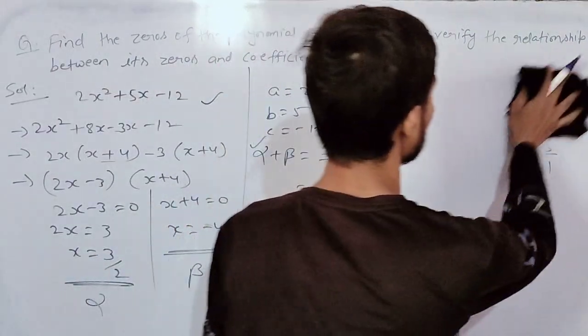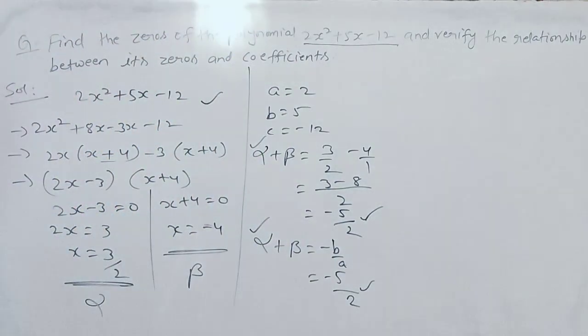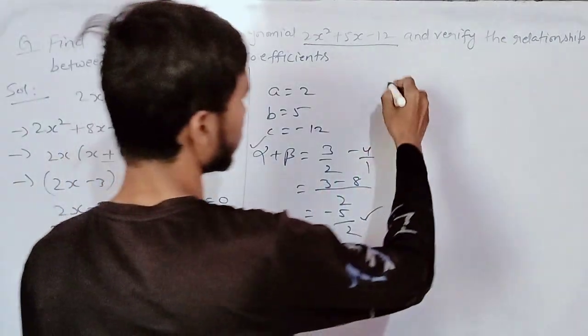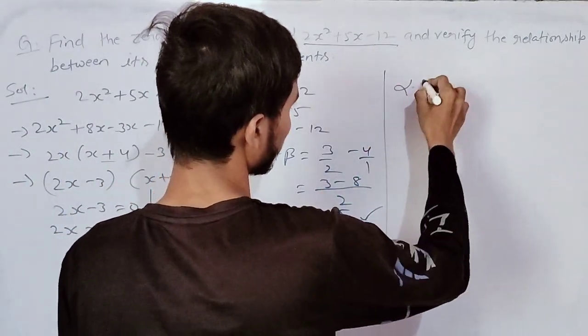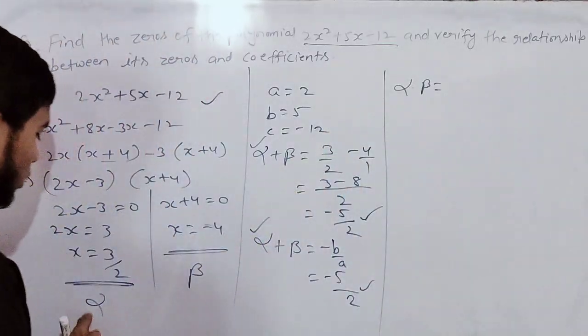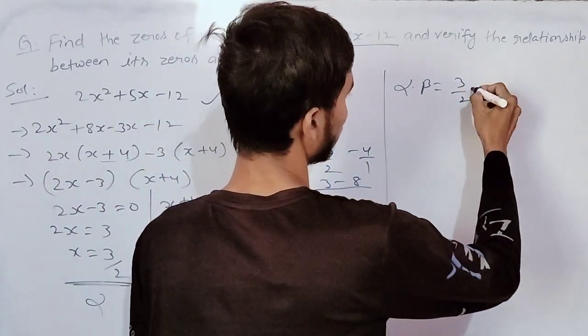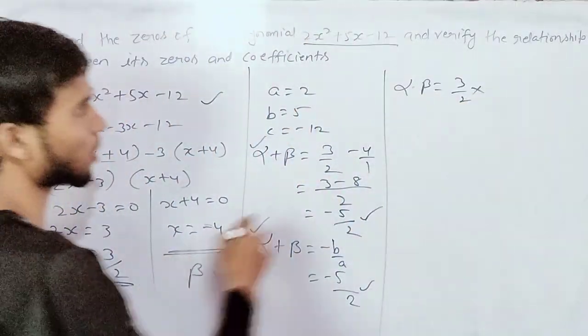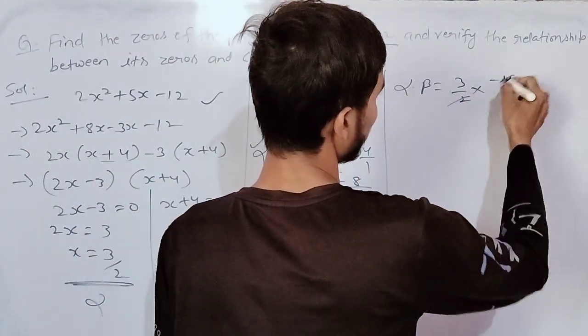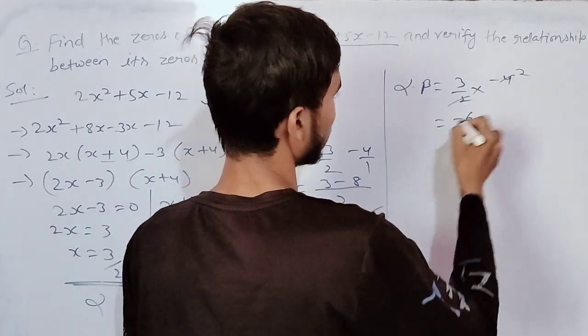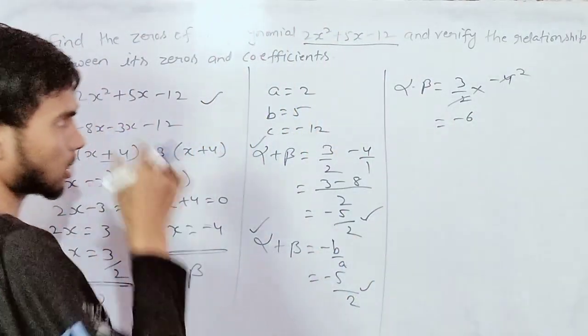Now next, the product of alpha and beta. The value of this one is 3 upon 2, and the value of this is minus 4. 2 times 4 is 8, so it came minus 6.